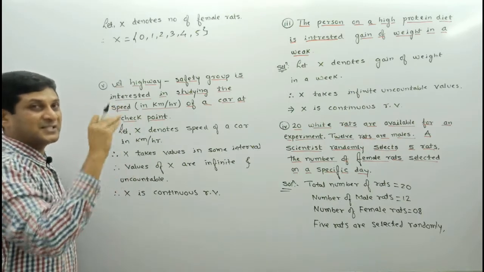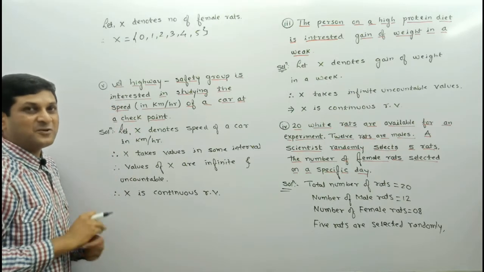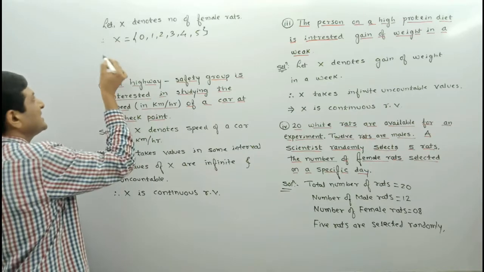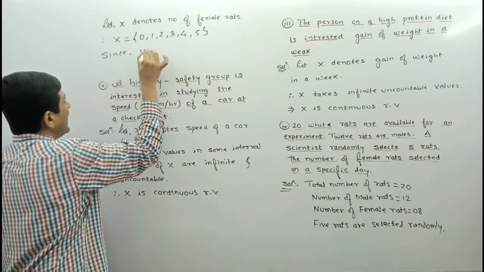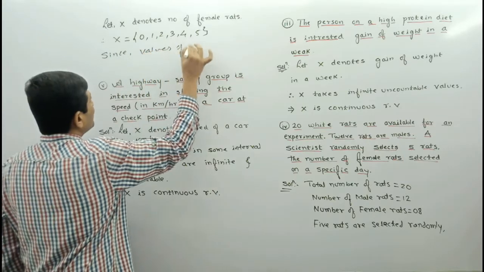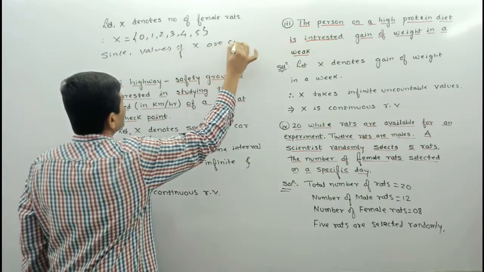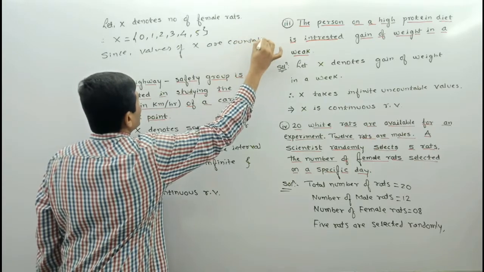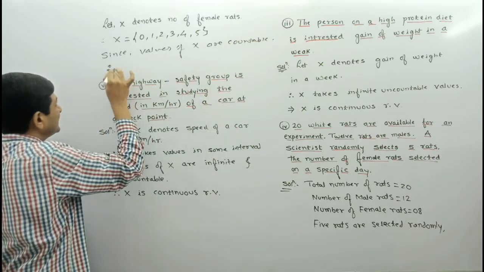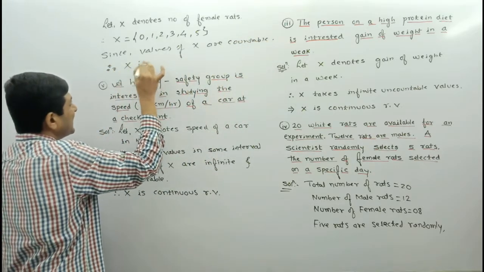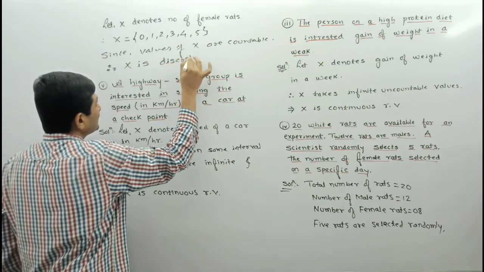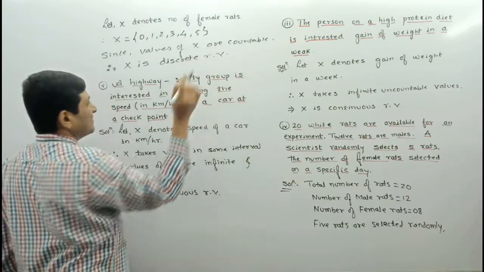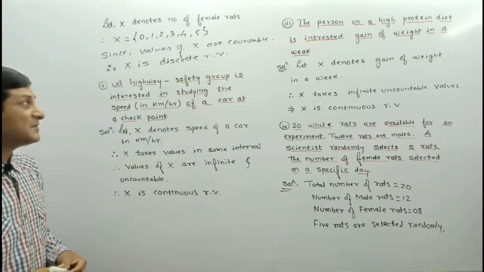Means here total 6 values are there, and since the values of x are countable, therefore x is a discrete random variable. Now observe example number 5.